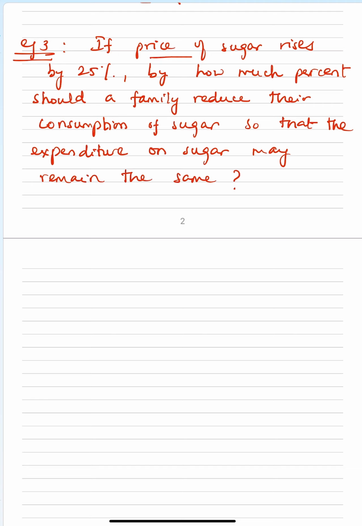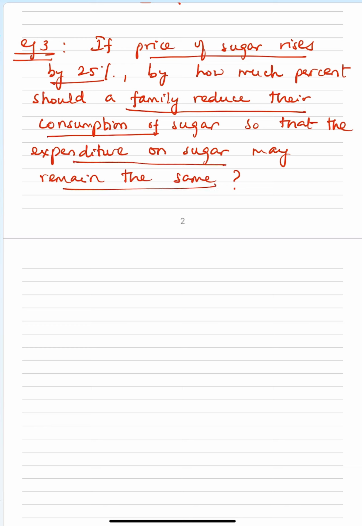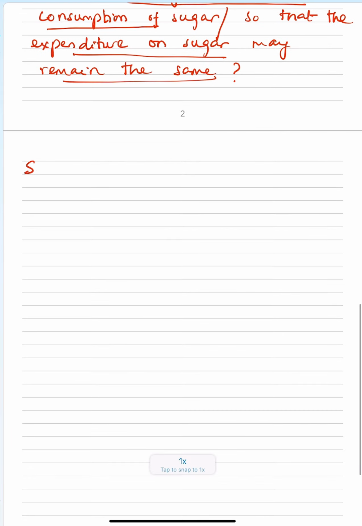Here it is given that the price of sugar is rising by 25%. We don't know what the price of the sugar is, but it is increased by 25%. Now here they are asking how much a family should reduce their consumption of sugar, so that if they were spending 100 rupees per month, then the expenditure should remain the same. So three parts we are dividing the problem into.